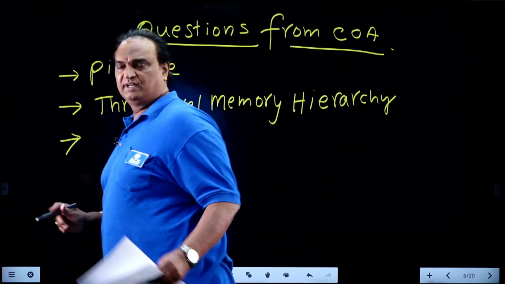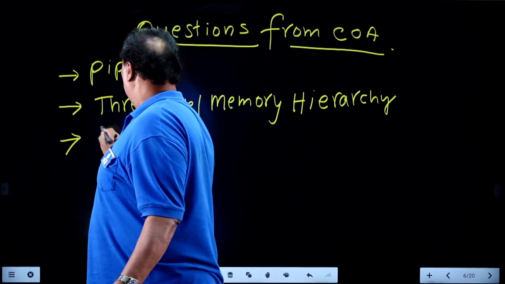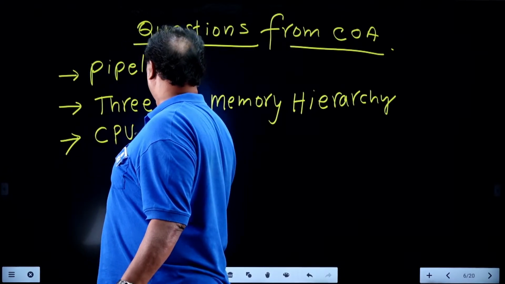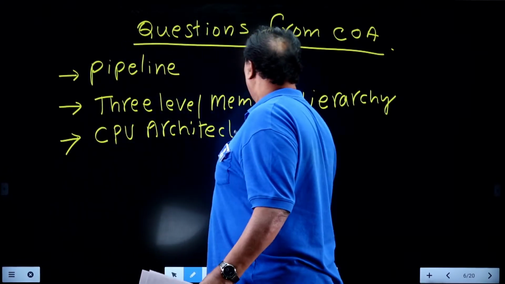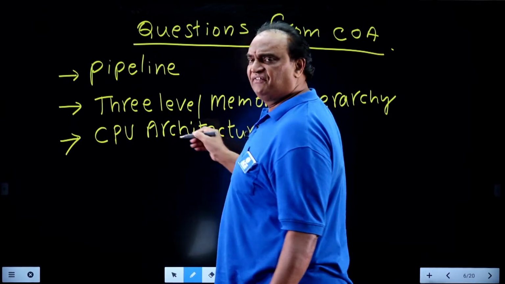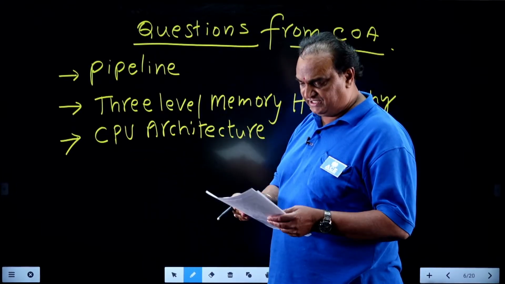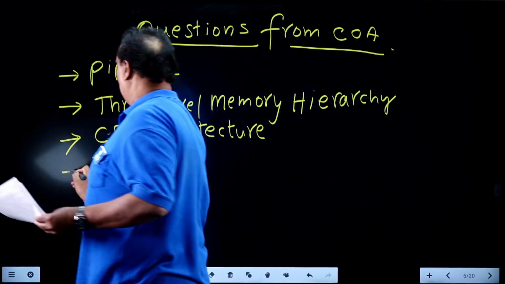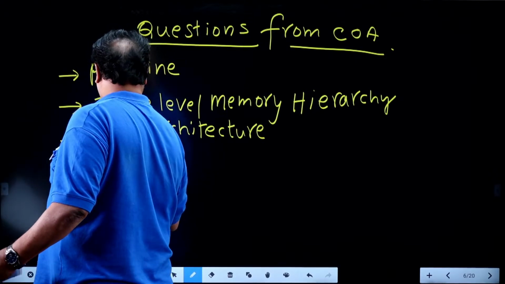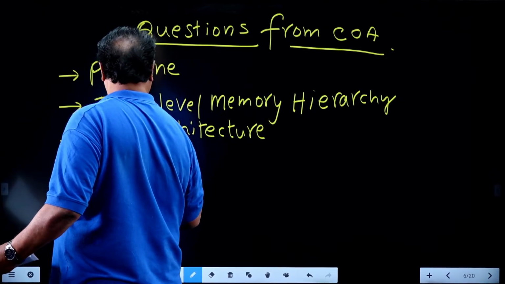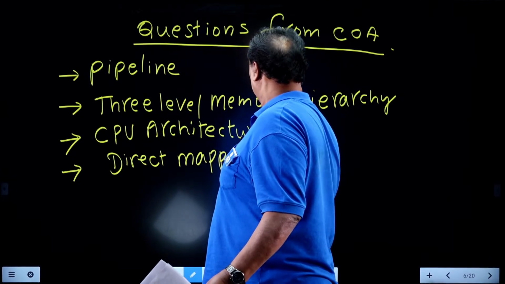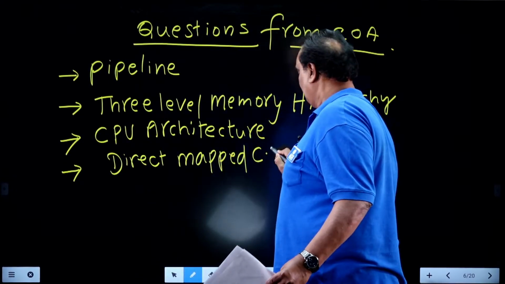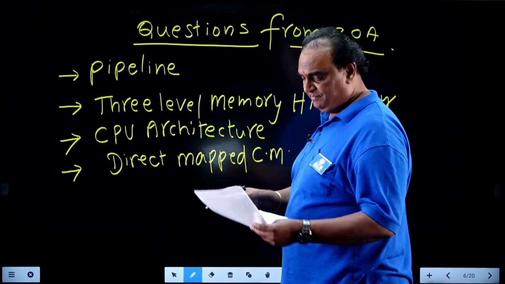Next, the third question is on processor, meaning CPU architecture. Basic knowledge, general knowledge, is enough to solve this question. Next, one more question on direct map cache memory.